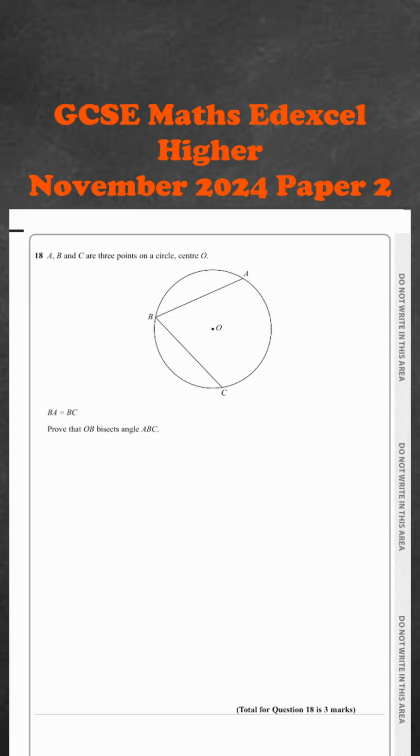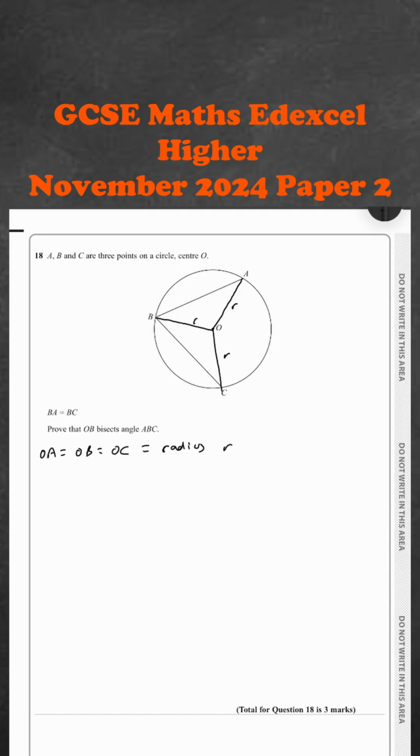We also know that if I draw a line from O to A, which would be a straight line, that is the radius of the circle. That's also true if I draw it from O to C. And that's also true if I draw it from O to B, because that's the centre of the circle. So I'm going to write OA equals OB equals OC equals the radius of the circle.